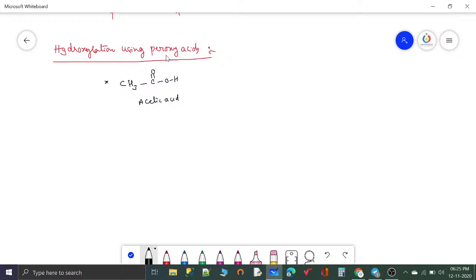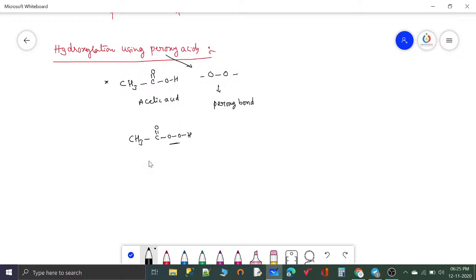And what does it mean by peroxy? If any molecule has an oxygen-oxygen single bond, such a bond is called the peroxy bond. So if you insert one more oxygen here, like CH3, C double bond O, OOH, it is an acetic acid but having the peroxy bond.